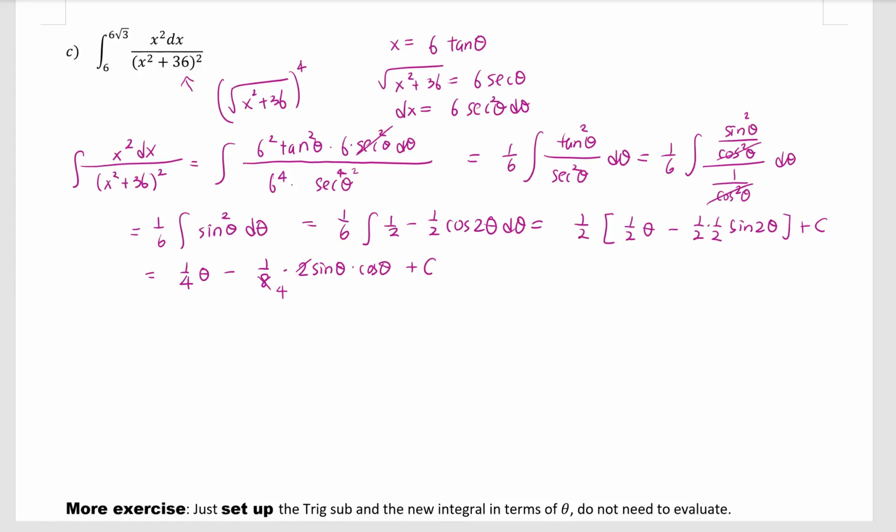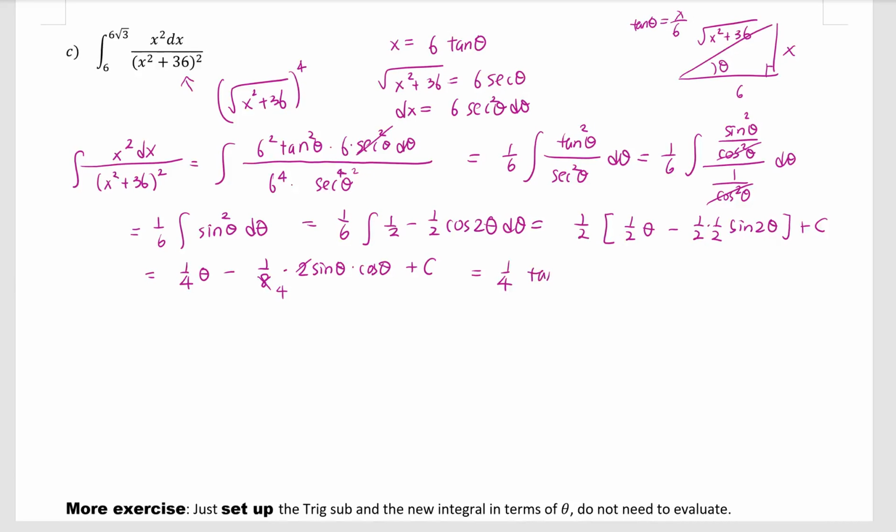We want to change back to x. Let's draw the triangle. Our setup: tangent theta is x/6, which means opposite is x, adjacent is 6. Hypotenuse by the Pythagorean theorem. So what is theta?